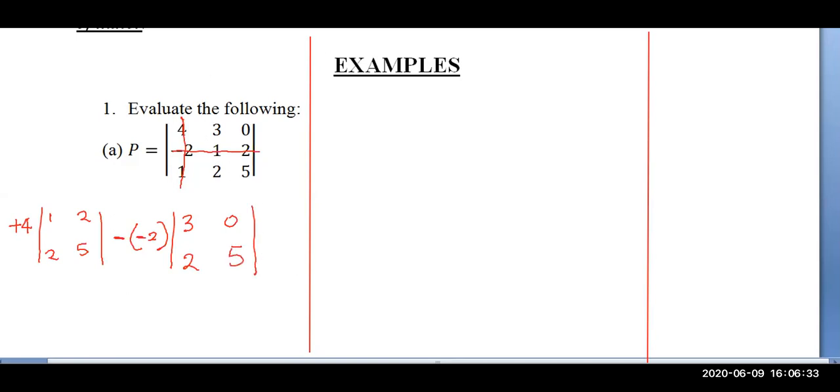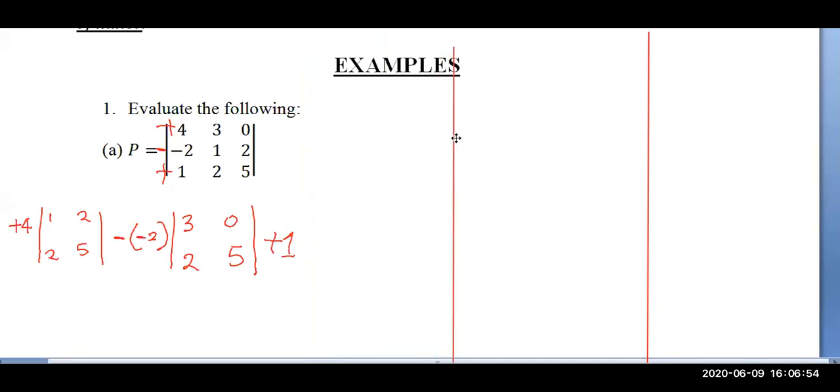Okay? Then, after doing that, the last member there is 1. And its place sign is positive, because here you have positive for 4, negative for -2, and positive for 1. So you have plus 1, then multiply by its determinant of minor.